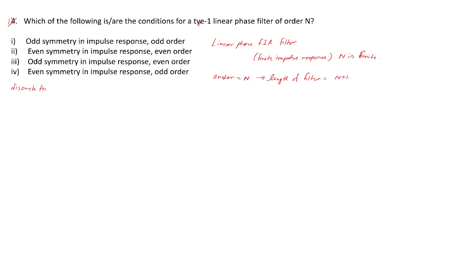Actually, you can see that from the discrete time impulse response, that is h[n], h[0], h[1], up to h[N], since it's a filter of order N. So if you calculate the number of coefficients, there are N plus 1 coefficients.